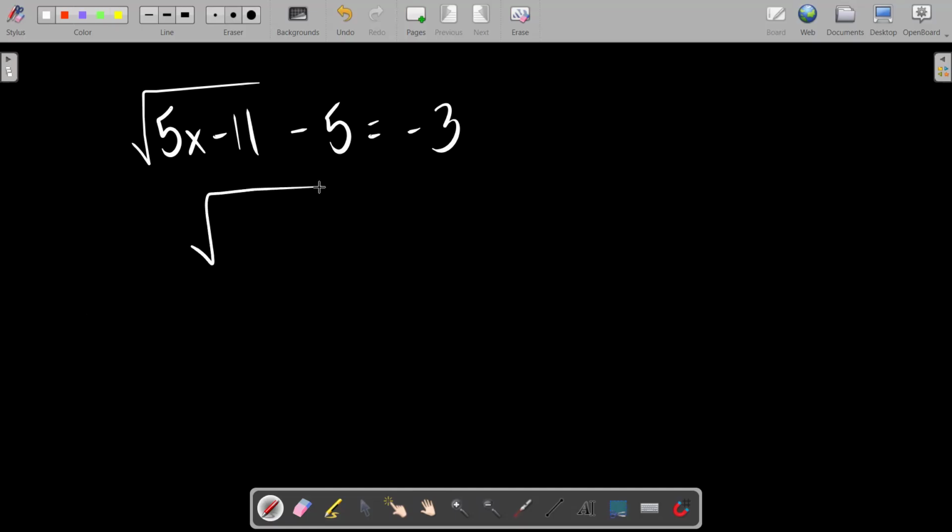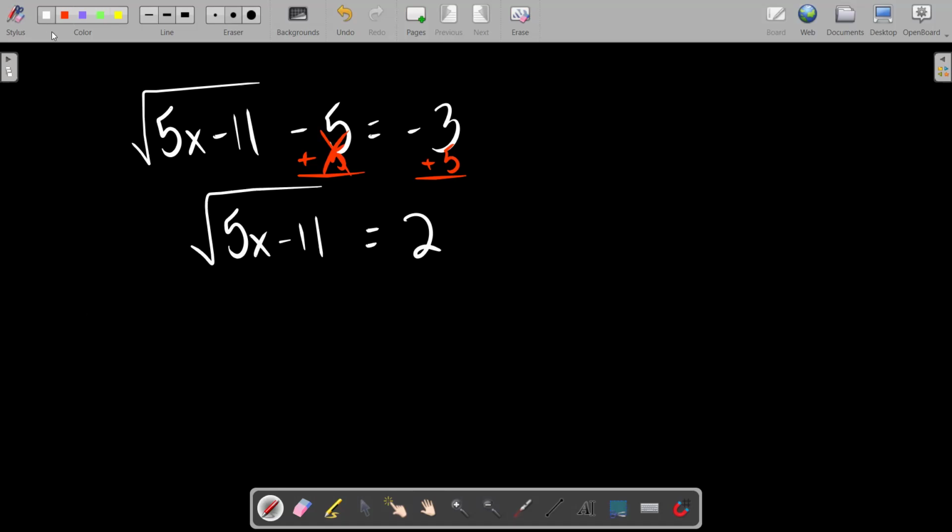So we get the square root of 5x minus 11, and we are adding 5 to both sides. Let me show my work, because some of us are still forgetting to change signs when we move things across equal signs. So negative 3 plus 5 is, of course, 2. And then from here, it's just the process, square both sides.